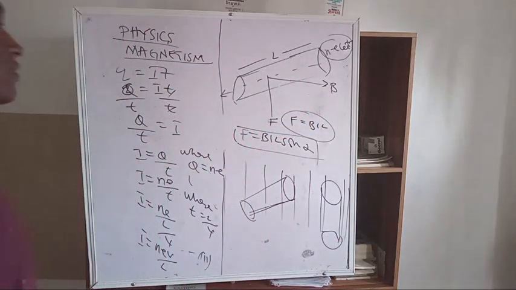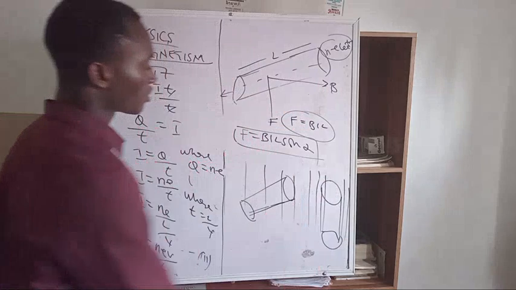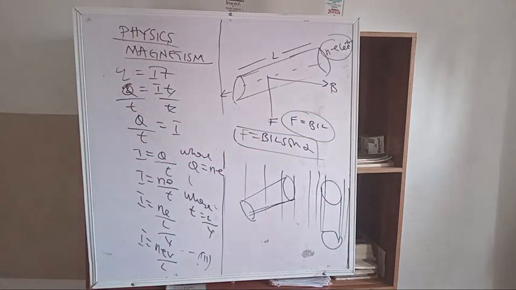So these are the two different ways you can have your angle subtended. The angle can either be subtended perpendicular to the field, or parallel to the field.